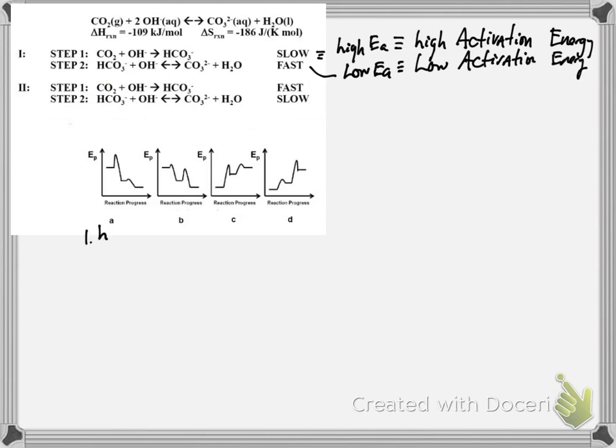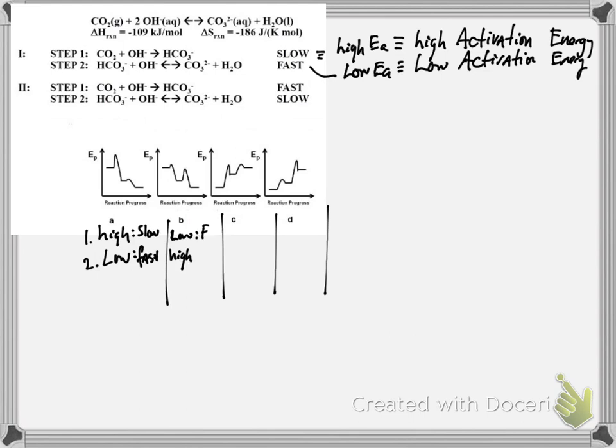So let's just take a look at options A, B, and C from the standpoint of step 1 and step 2 from the activation energies. So when we look at that, this is relative within an energy diagram. So step 1 and 2 for A is high-low. And what does that mean? That means the first step is slow, the second step is fast. We could do that for all four graphs. Step 1 in B is low activation energy, then high activation energy.